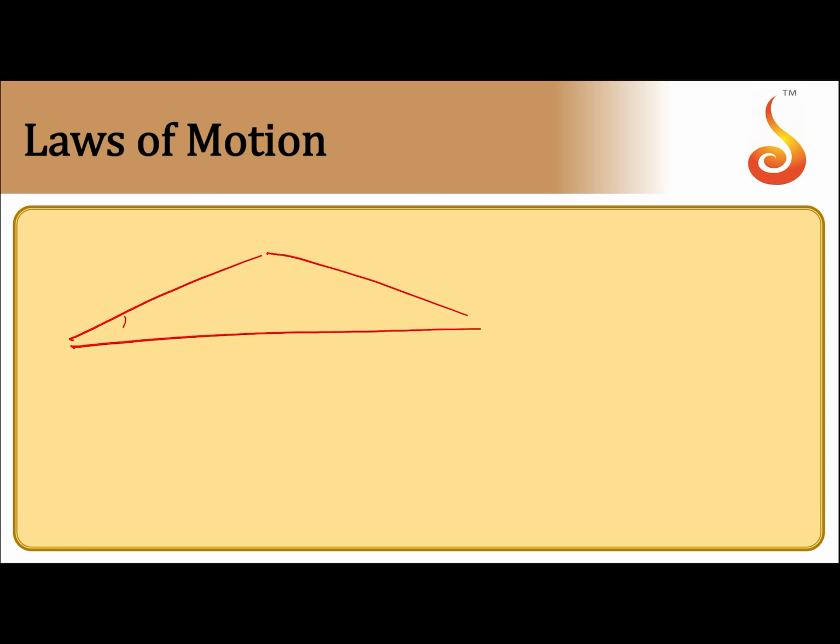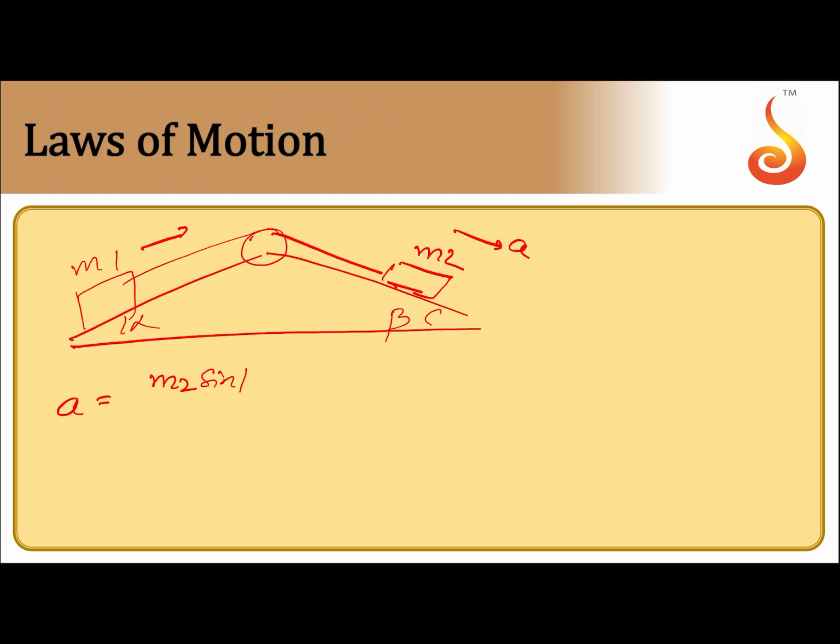Suppose this angle is alpha, this angle is beta, and we have a block of mass M1 here and another block of mass M2 here. Assuming the acceleration along this direction, the acceleration turns out to be (M2 sine beta minus M1 sine alpha) into G whole divided by (M1 plus M2).